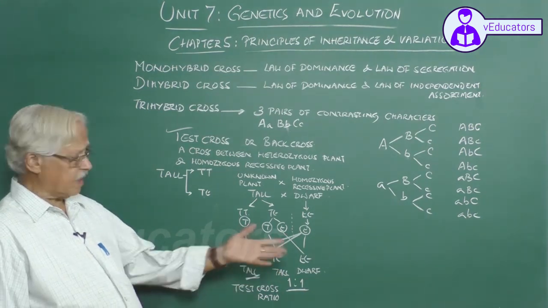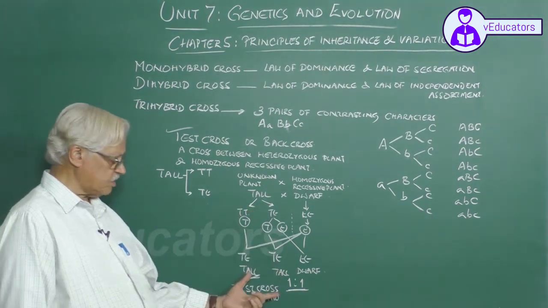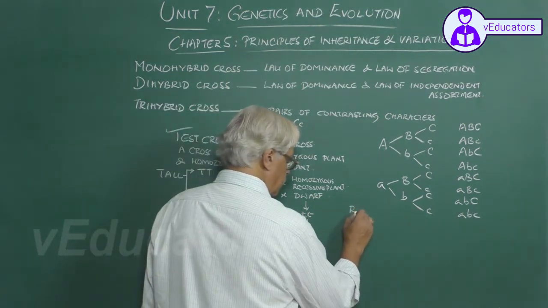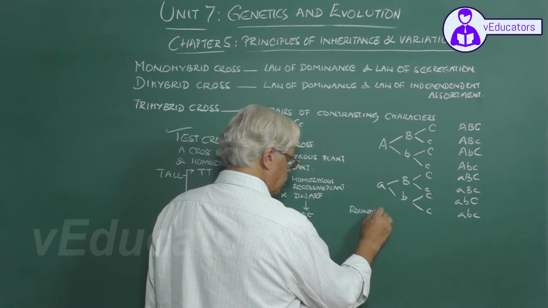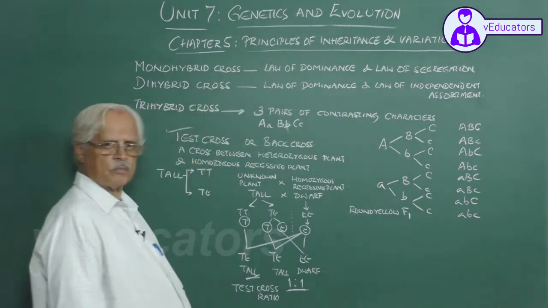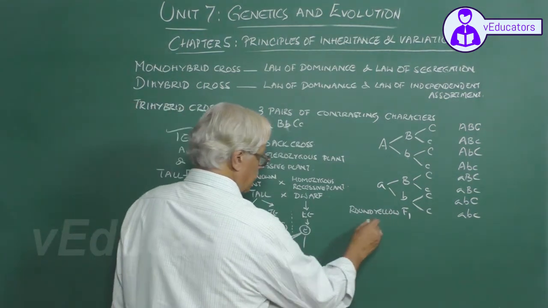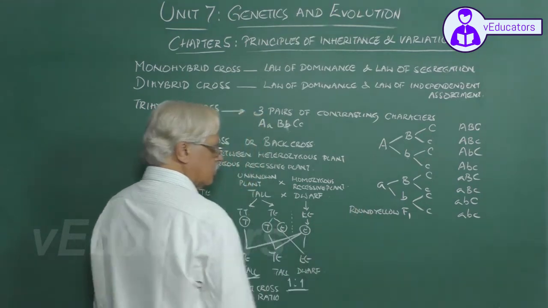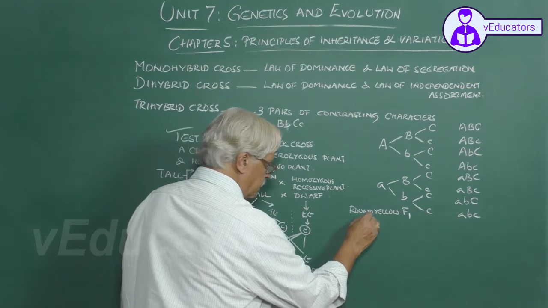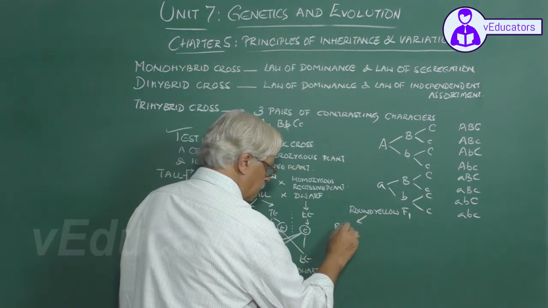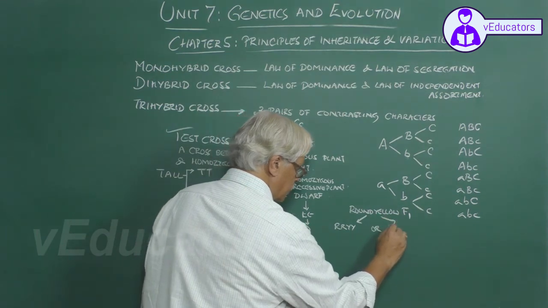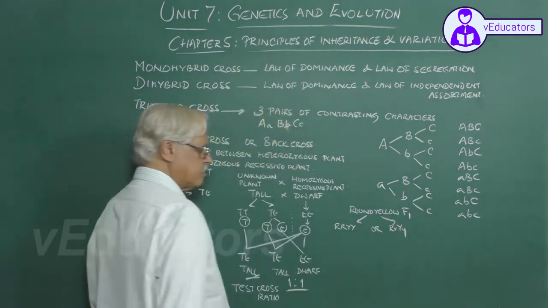Similarly, for a dihybrid cross, you can conduct a test cross. For example, if you take the round yellow plant of the F1 generation, we don't know whether it is homozygous or heterozygous. So it can be capital R capital R capital Y capital Y, or capital R small r, capital Y small y.